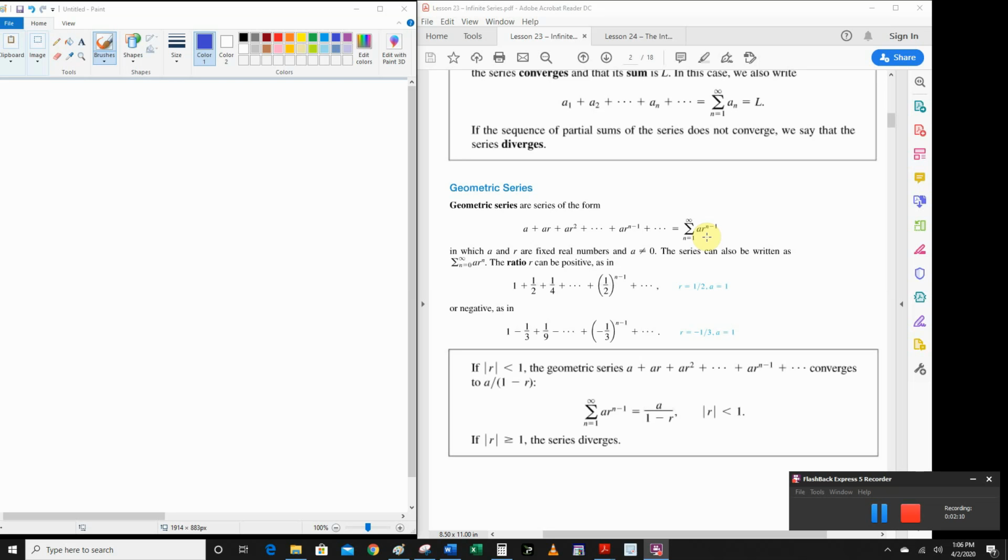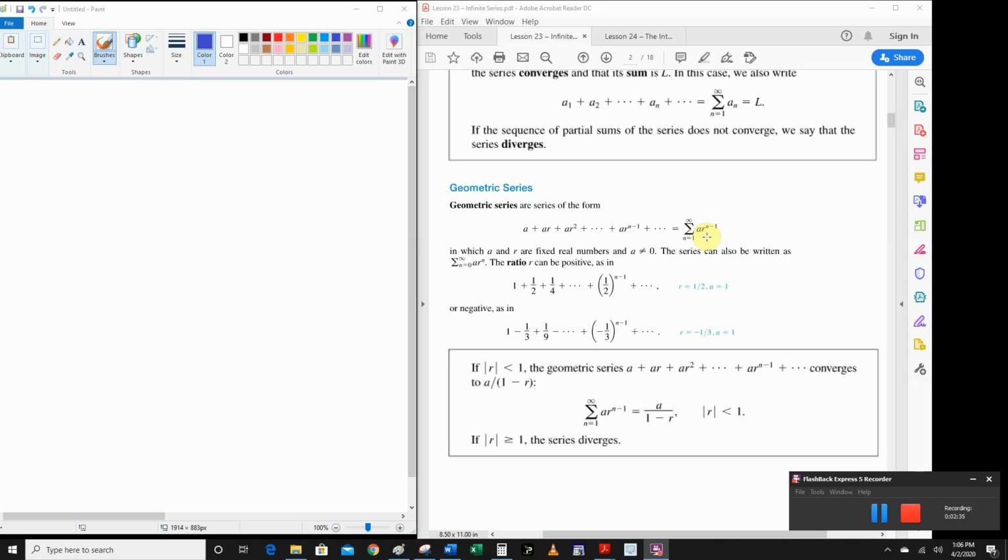And just a by itself in the very front is the first term of the series, and r is the ratio going throughout the series. Your ratio can be positive or negative, and the ratio can actually help you determine if a geometric series converges or diverges.